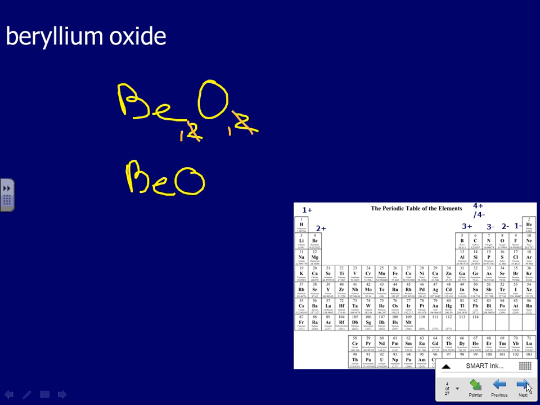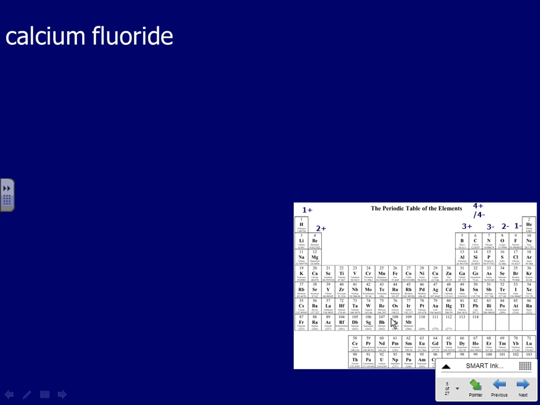BeO, because each Be will trade the 2 for the O. All right? Again, I'm hoping when you practice enough of them, in your mind you cross over the 2, you look at the O, you see the 2, you cross it over, you cancel it out in your mind, you leave it as BeO. All right? So that's where we want you to be eventually as fluent chemists.